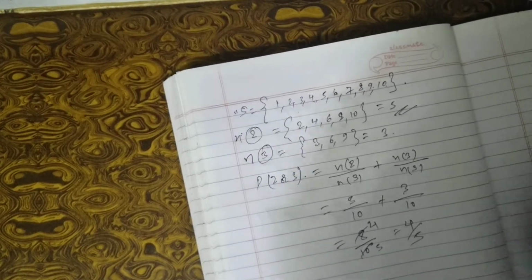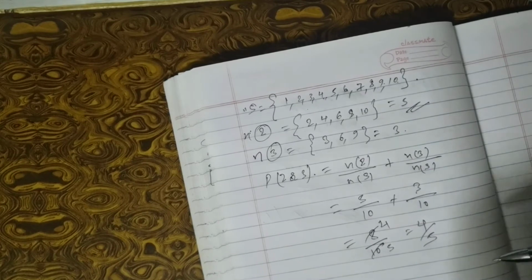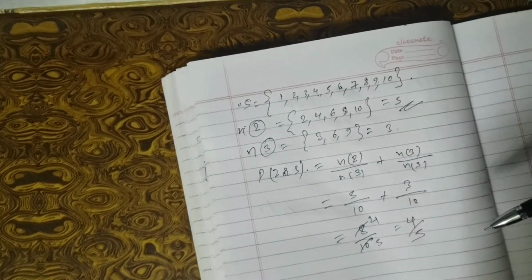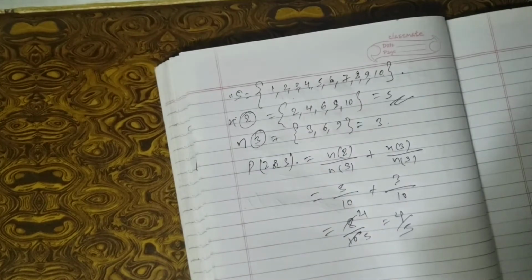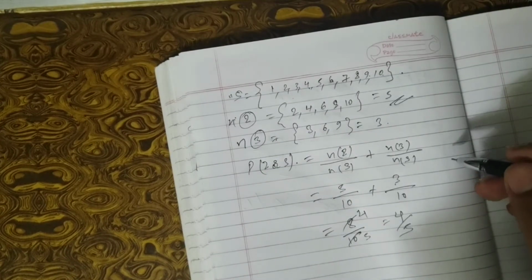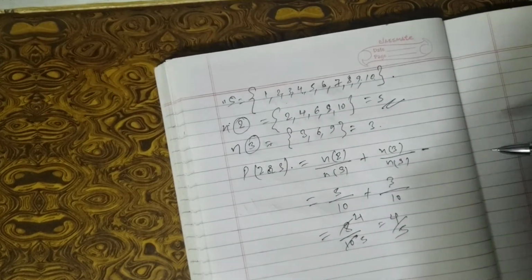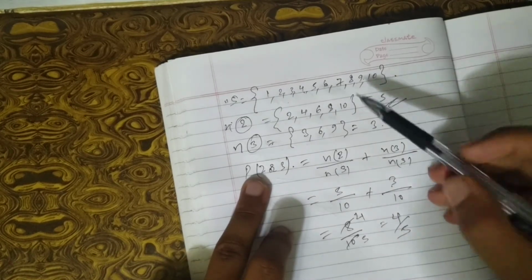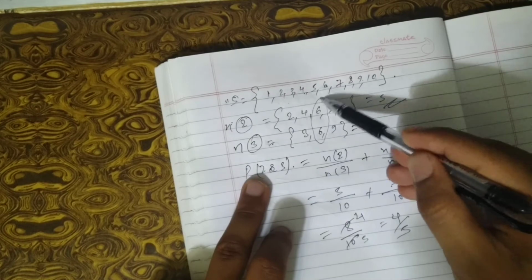So 8 by 10 is 4 by 5. That's your probability of getting a number which is divisible by 2 or 3. But no, this is not the answer, so you'll have to subtract something else as well. In this case there is a common number: 6 is the common number.